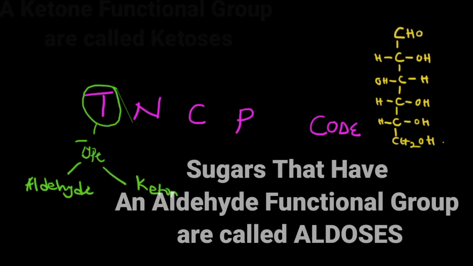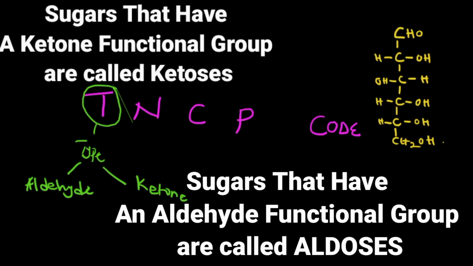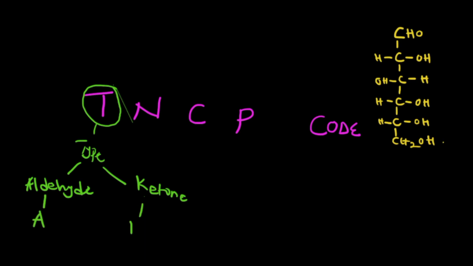In creating my code, because I cannot be using all these names, aldehyde and ketone, I use A for aldehyde and K for ketone. So whenever I have A, I know I am going to write an aldose monosaccharide, and I know my aldose monosaccharide always has this kind of arrangement in the first and the last carbon. So I have this already in my mind.